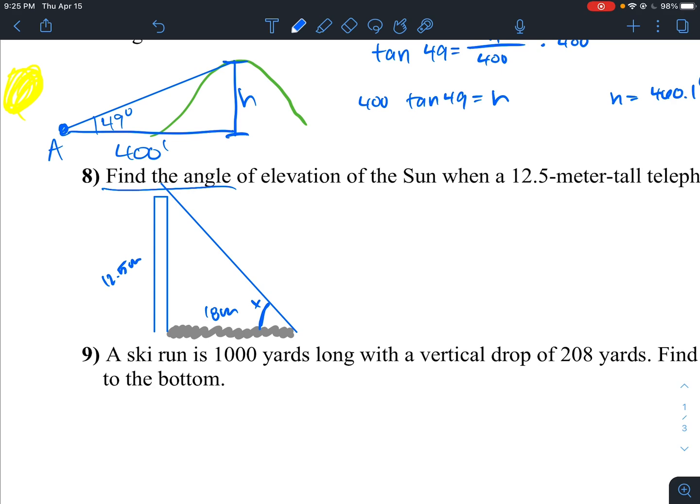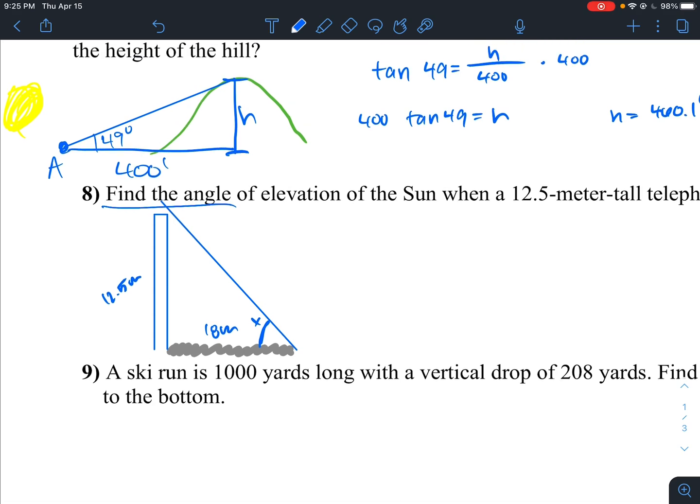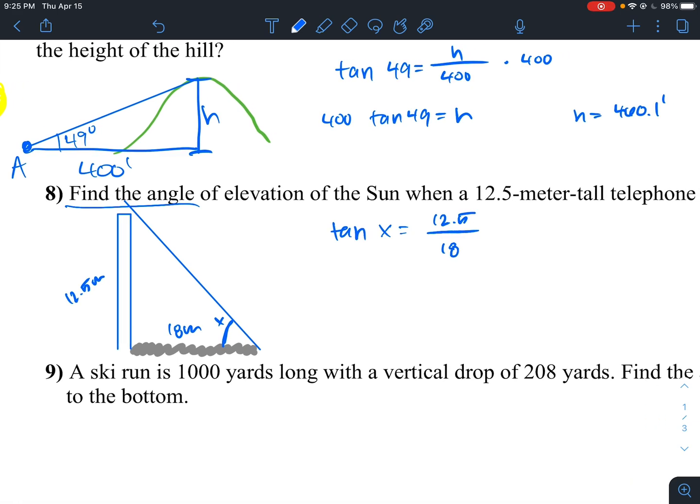So again, we have a situation where we can use a trigonometric function, and we have the opposite and adjacent side of angle x. So let's use tangent. Tangent of angle x is equal to 12.5 over 18 meters. Now, if I'm going to get x by itself, I need to use a tangent inverse.